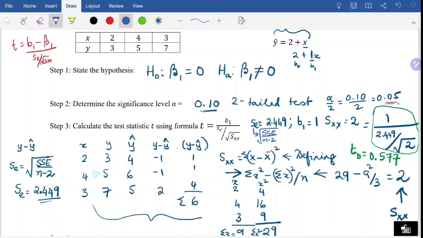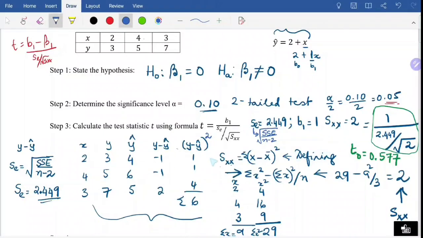The formula for SSE is the sum of y minus y hat, squared. And there should be a square here. So just go through this process. If you need an explanation of this, please refer back to the solutions for 15.1, the first section of this chapter.